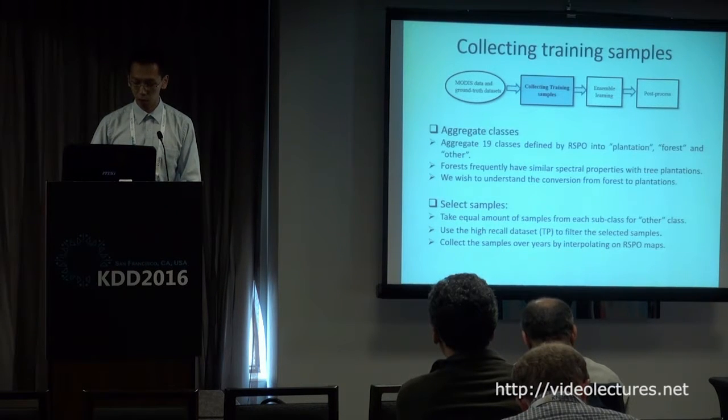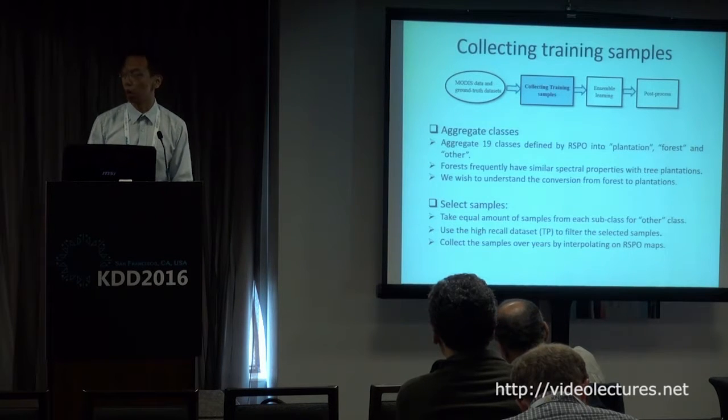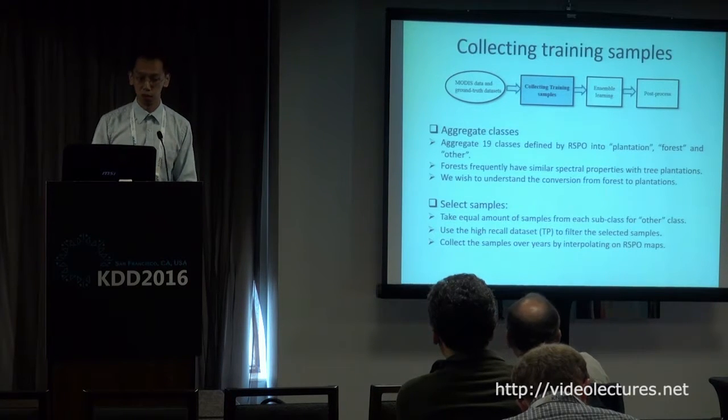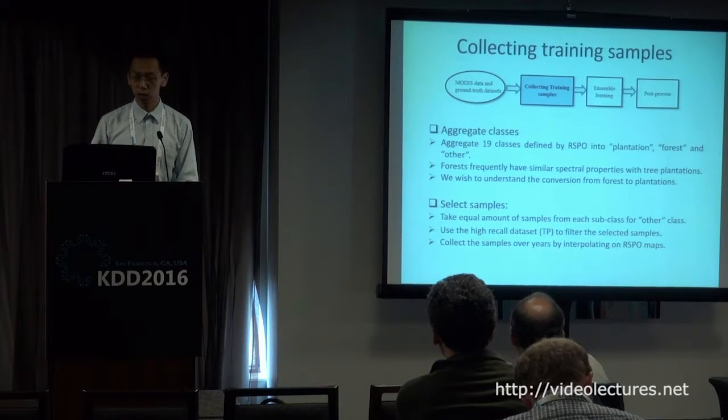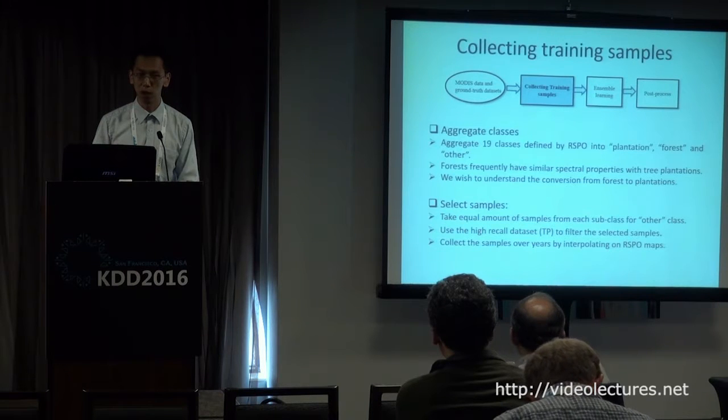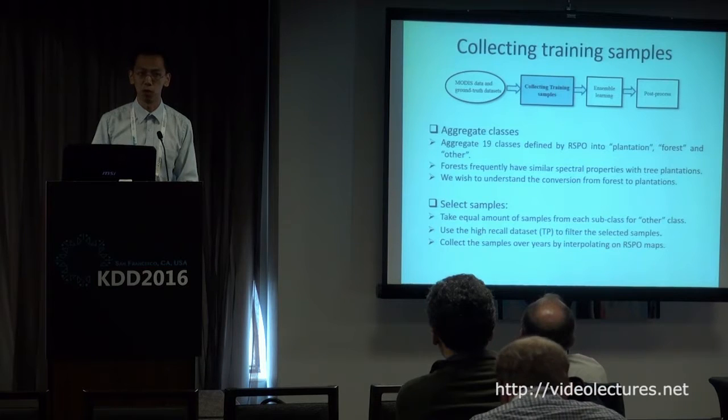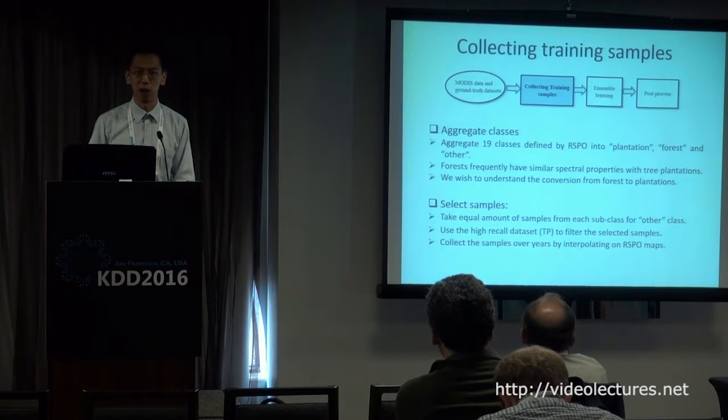Also, we wish to understand the conversion process from forest to plantation. Based on these 3 aggregate classes, we take training samples with an equal amount of samples from each subclass. In this way, we wish the training process is not dominated by some very large class like grassland, while ignoring some very small classes like urban area.